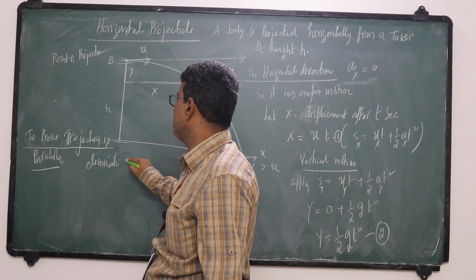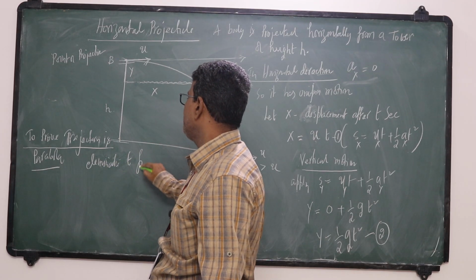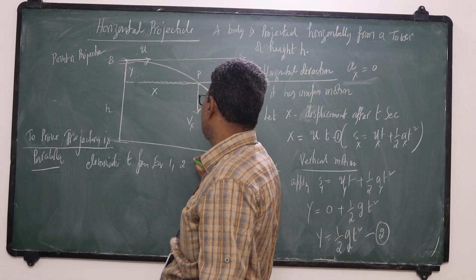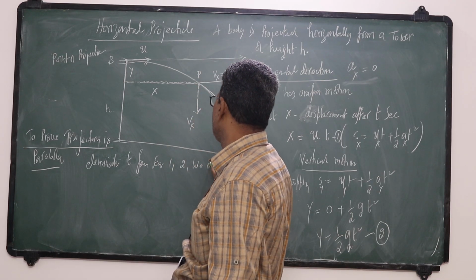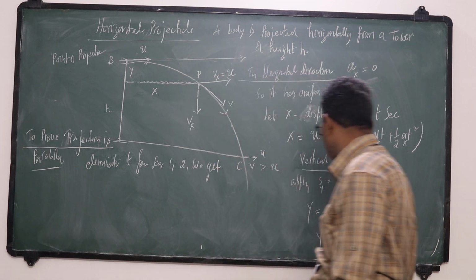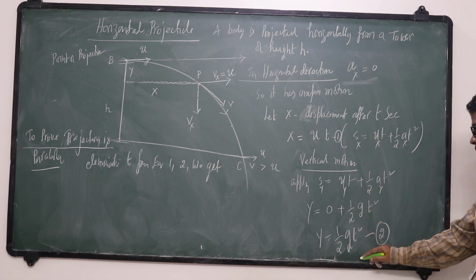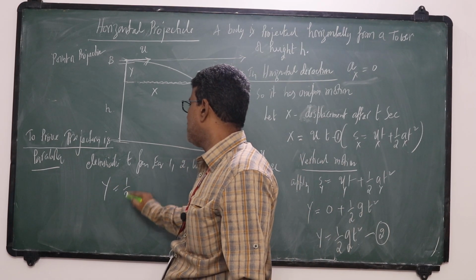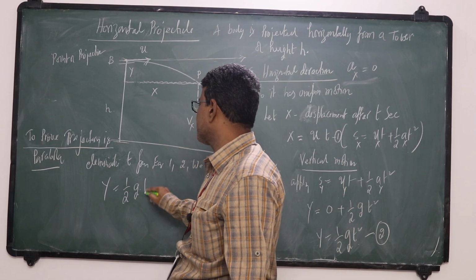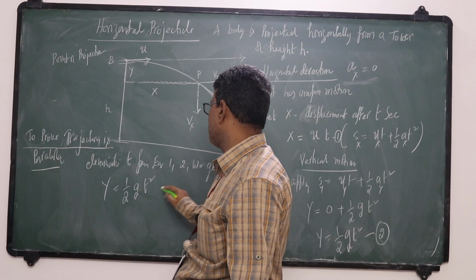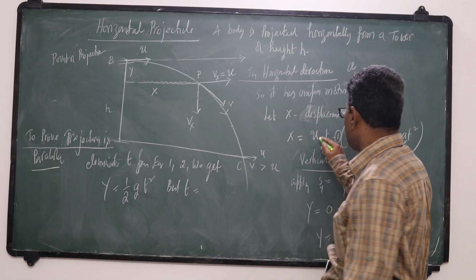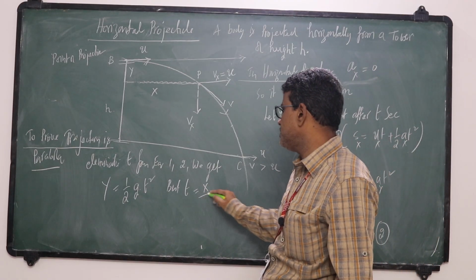Proof: eliminate t from equations 1 and 2. y is equal to half g t square. But from equation 1, x is equal to ut, so t is equal to x by u.